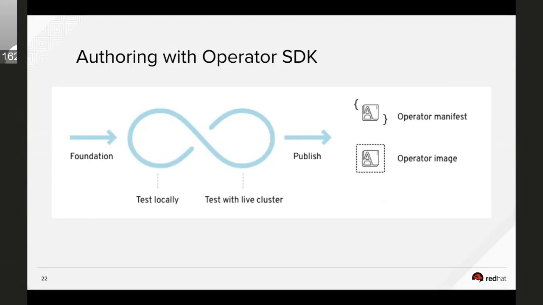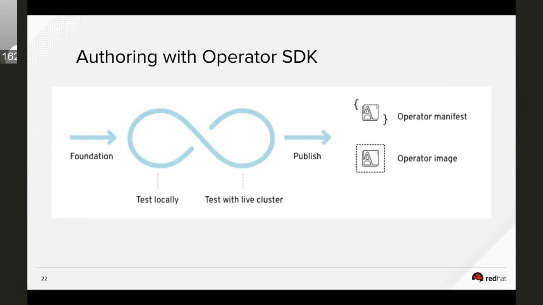Now, once you're happy with the version of your operator, you've got the logic encoded in it, you need to publish it. And we've got a publishing workflow, and what pops out of the other side of that are two things. There's an operator manifest, and this is some information about the custom object that your operator is going to be watching, some of the permissions that it needs, because the SDK knows what kind of commands that you're taking in Kubernetes if you're trying to spawn pods or edit secrets or whatever it is.